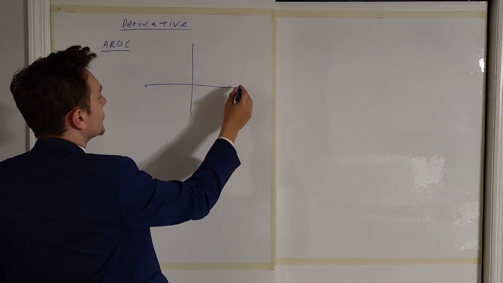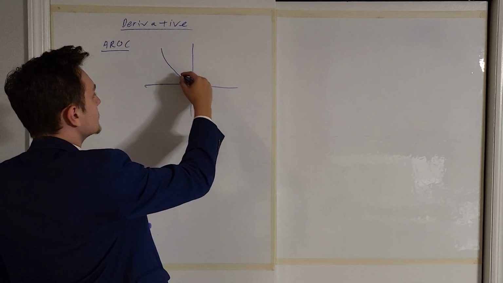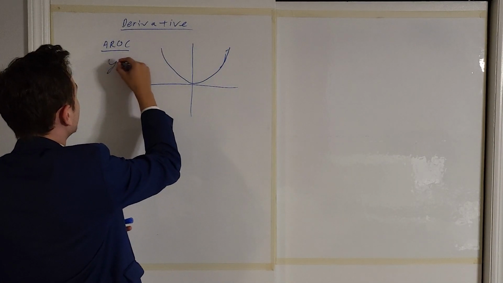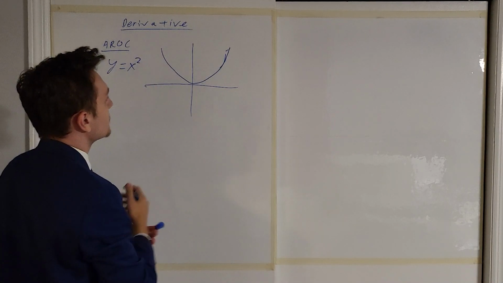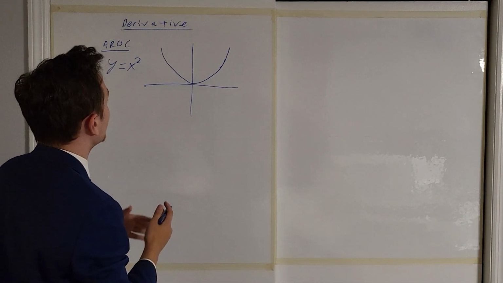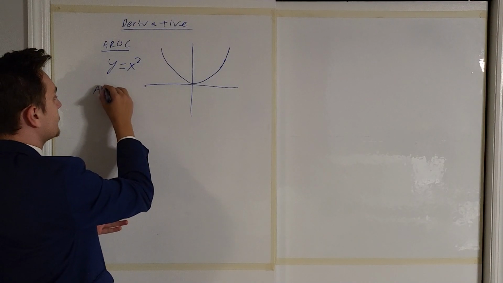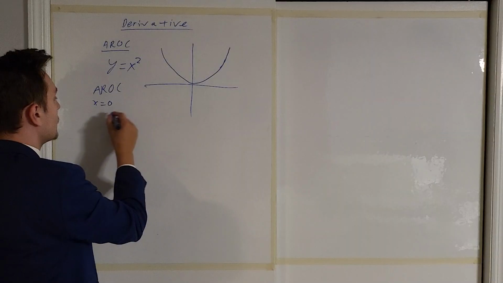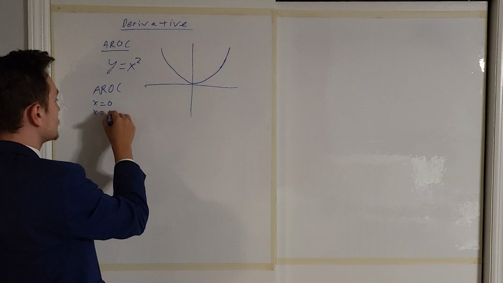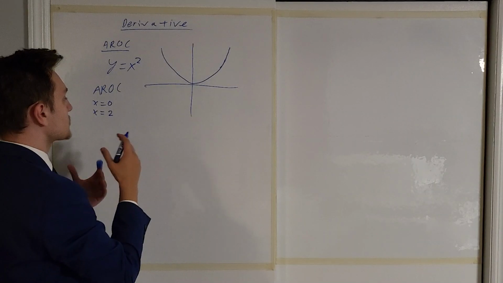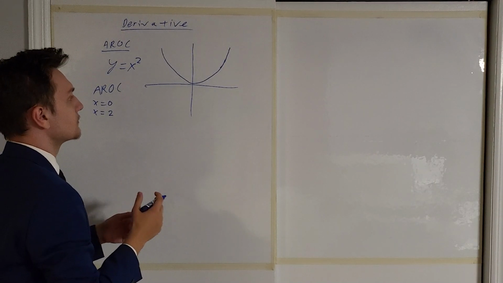Let's say I have a function here that is y equals x squared. All right, I didn't do too well on AP drawing, but you can tell this is a parabola. This is y equals x squared. So if I wanted to find the average rate of change between x equals 0 and x equals 2, I would find the slope of the line going through those 2 points.